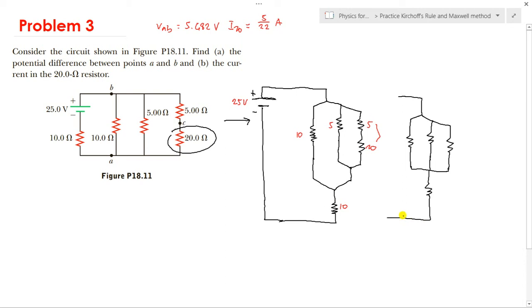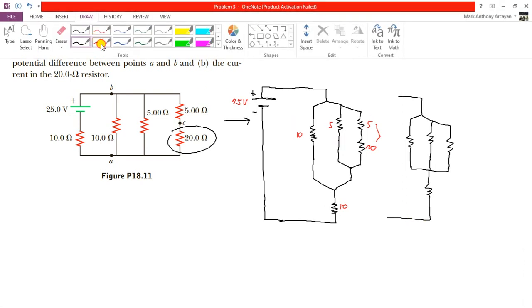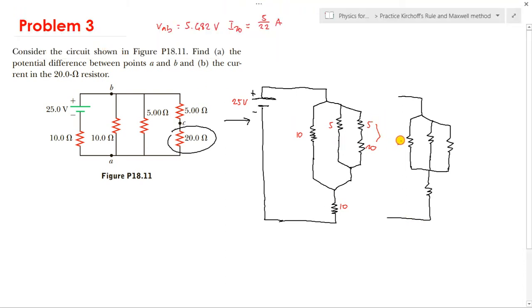Okay, so here let's label: this is 10 ohm, this is 5, but here I add because they are in series. So 20 plus 5 is 25. And then this last one is 10.